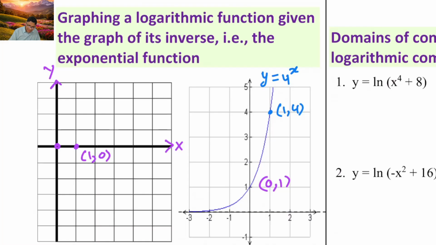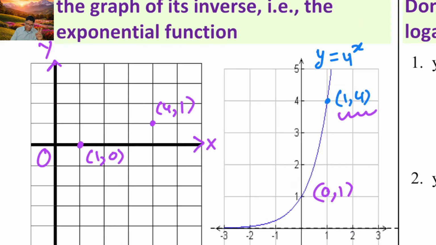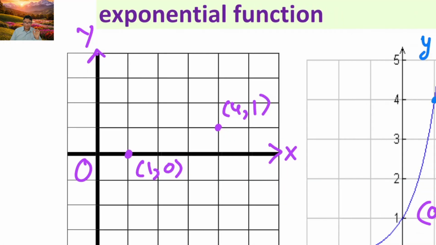We marked another point 1, 4 earlier. So in this graph, I must have 1, 2, 3, 4, 1 here. 4, 1. Okay. 0, 0 is not in the graph. I was just trying to say that's the origin. Okay, so we have 2 points in the graph that we need.